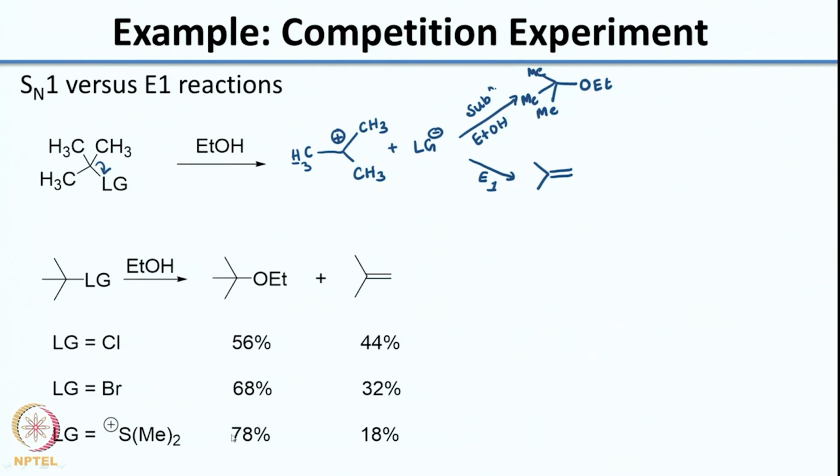Now this would be confusing, right, because I just told you that once you generate the same carbocation, in all these cases you generate the same carbocation, you have the same nucleophile, then why do you see this difference? So what this gives you a hint is that the leaving group seems to be important in this particular reaction. So in this case, what is seen is the leaving group plays an important role.